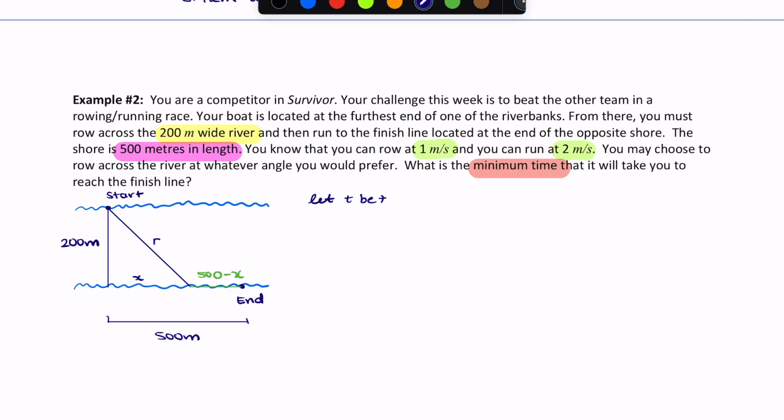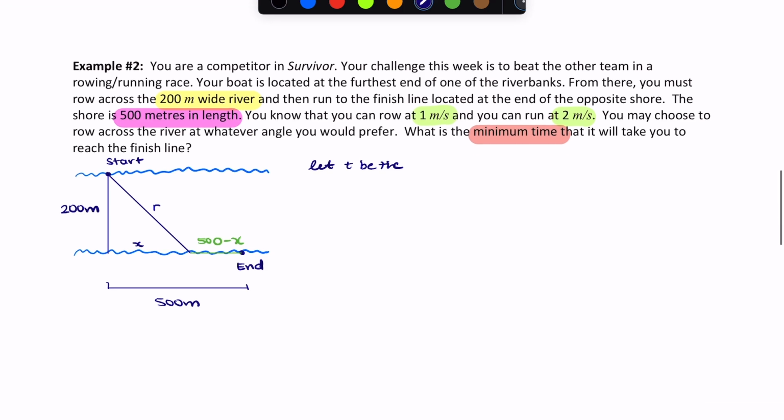Okay, so let's do a couple of let statements. First, we'll let t be the total time in seconds.